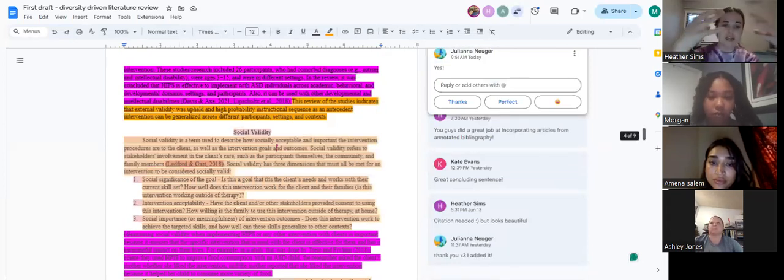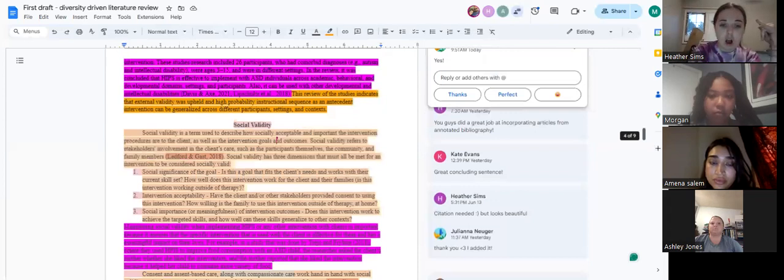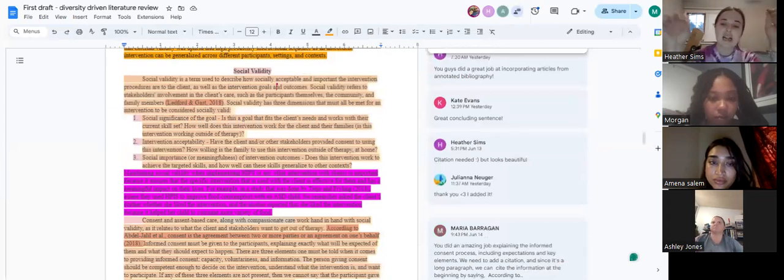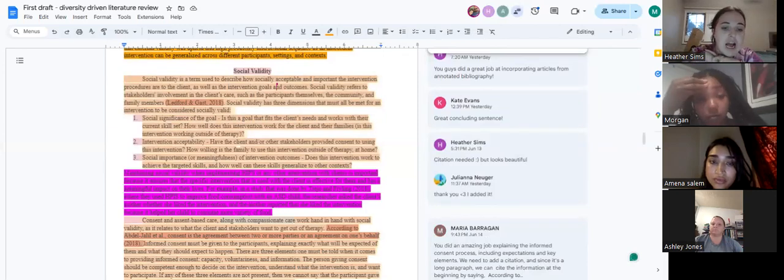And I think you guys do a nice job. Here is a good example: here's social validity, here's information, and here's what it looks like. You guys even added the steps. So this was really good for clarifying that you do understand what you're writing about. And the only thing again here was that we needed a citation.